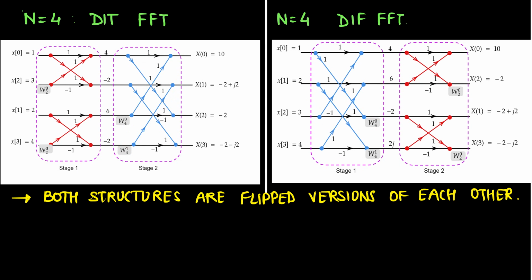Moreover, the location of the twiddle factors is also flipped. If we consider this line as a mirror, both of these structures can be considered mirror images of each other. So we can say that both structures are flipped versions of each other.